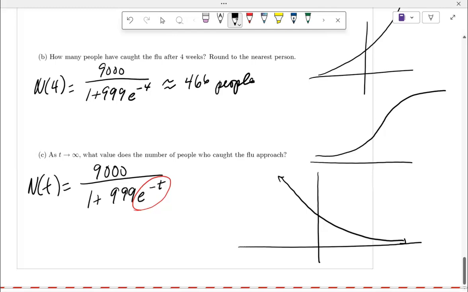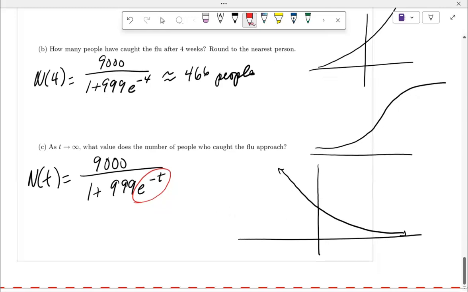So as t gets really, really big, as your input gets really, really big in the positive direction, what does your output go to? What are these values here on the right getting closer and closer to? 0, right? So this thing that I circled in red goes to 0 as t gets big.